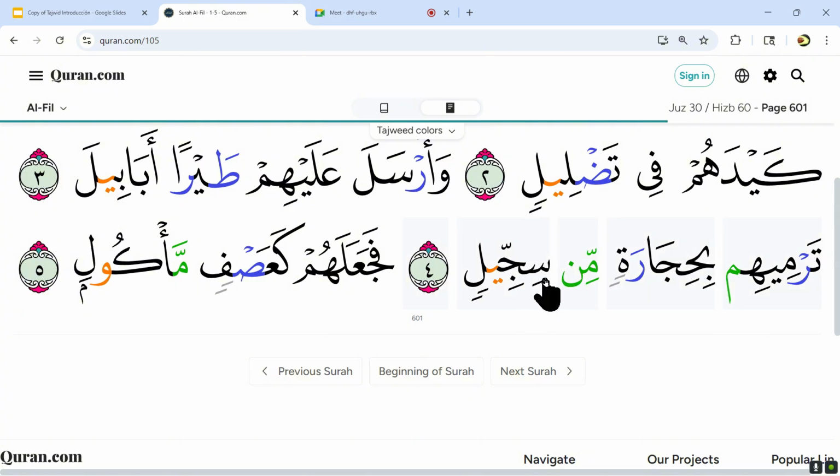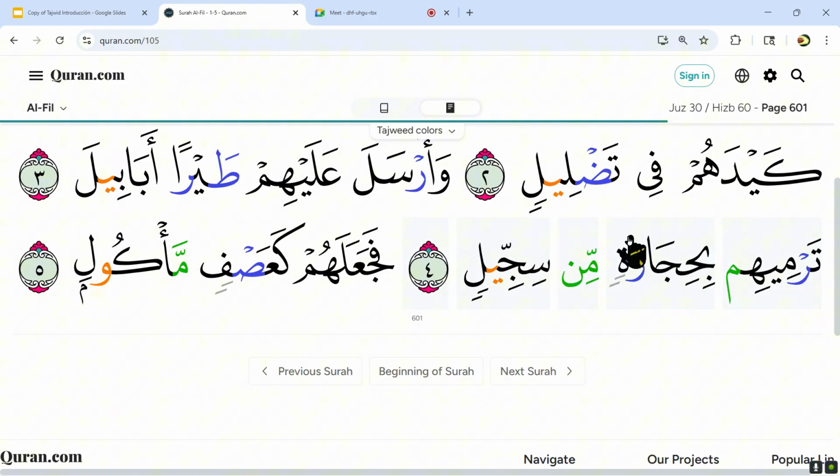It's not a throat letter. It's not a combining letter. And it's not a ba. Okay, so it is Ikhfaa, right? Ikhfaa. So you're going to mute it a bit and hold on to it two counts.